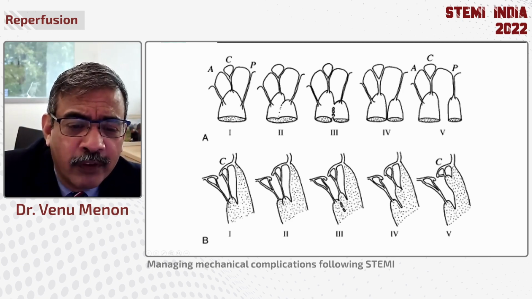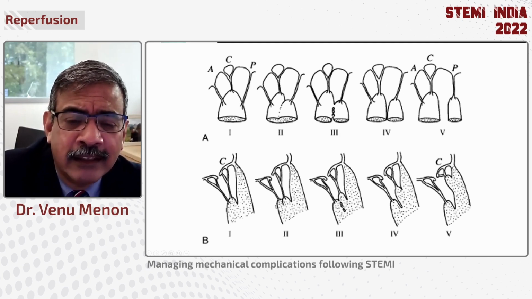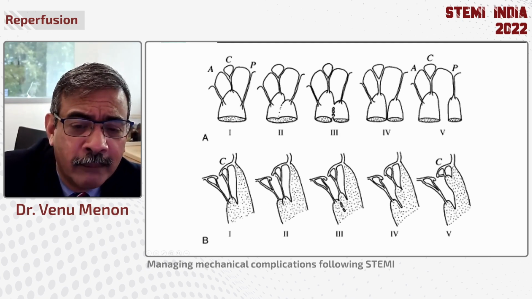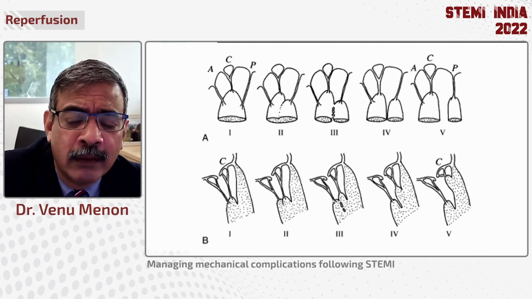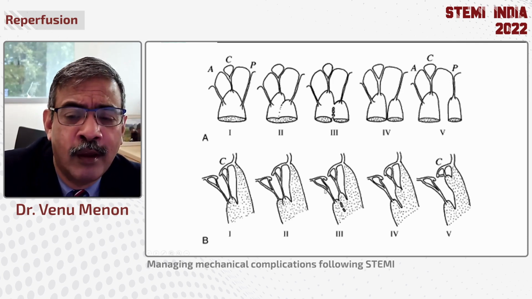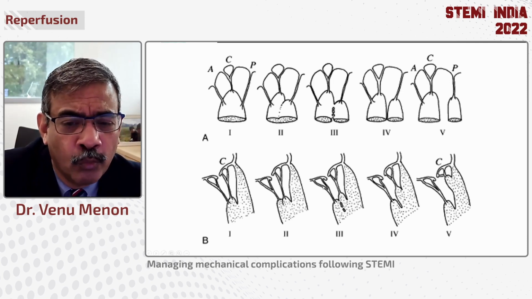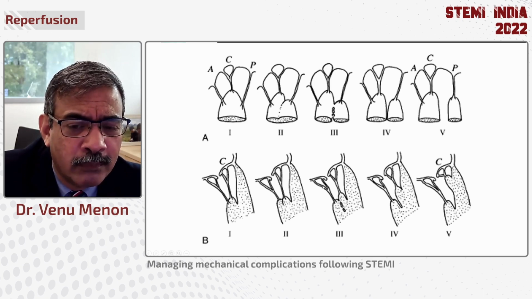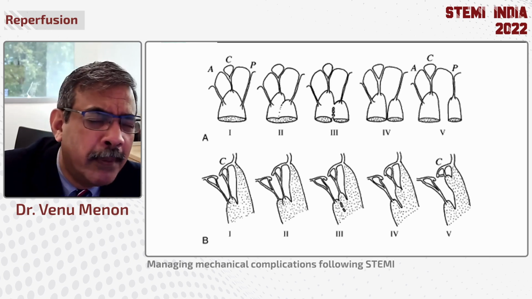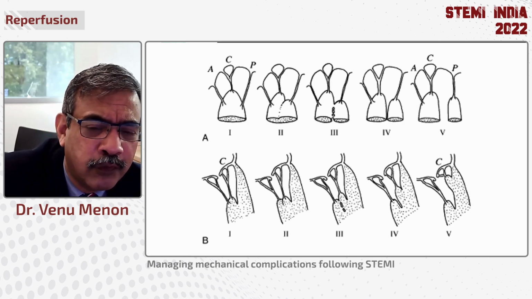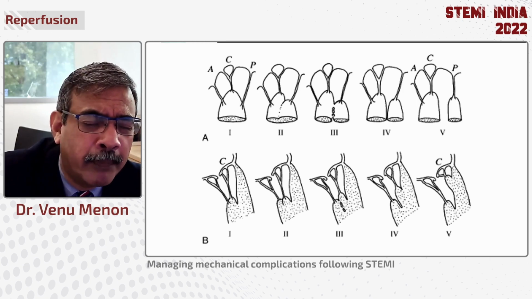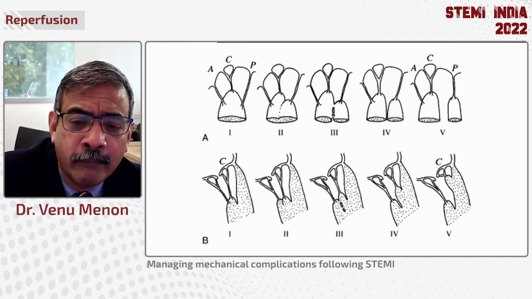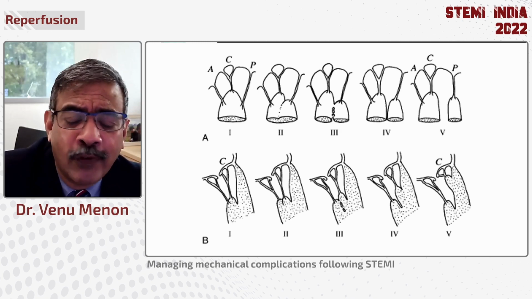So while you can have a single papillary head that supplies and supports both leaflets, you sometimes can have multiple heads, and you may be supplying only a small portion of the mitral valve leaflet. So when you have mechanical complications with mitral regurgitation, it may be a little flail of a mitral leaflet with significant MR, or it may be the complete papillary head being avulsed with complete loss of support and flooding of the lungs.